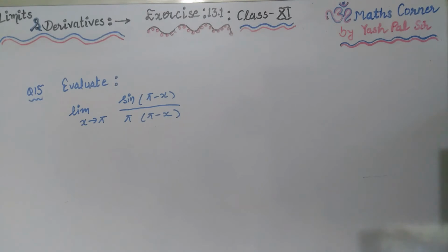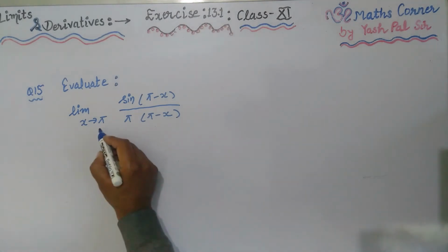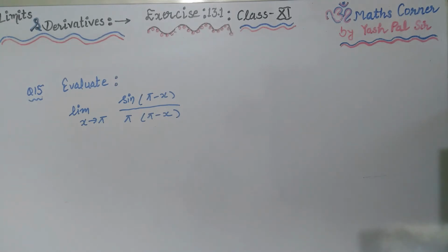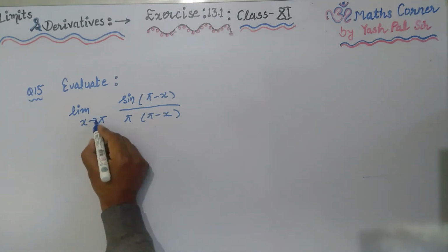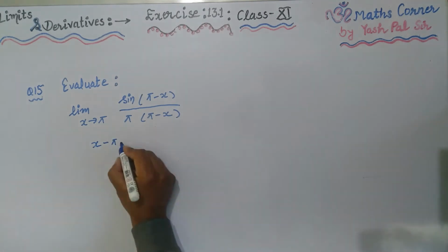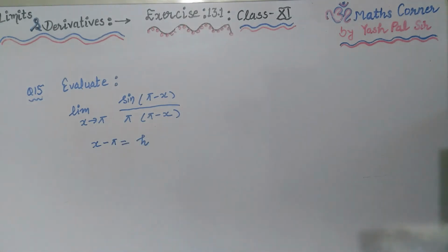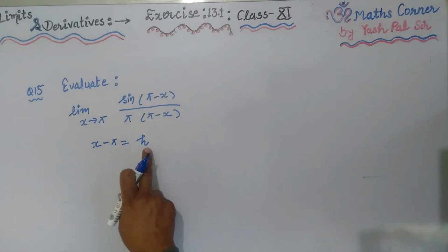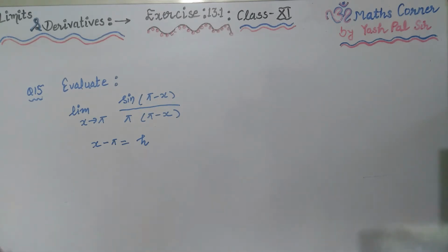In such questions, when in place of 0 some real number is mentioned, what we do is put x minus pi equal to h. It means this difference is a very small quantity equal to h. This is not equal to 0, just approximately equal to 0, very close to 0. This difference is very small.